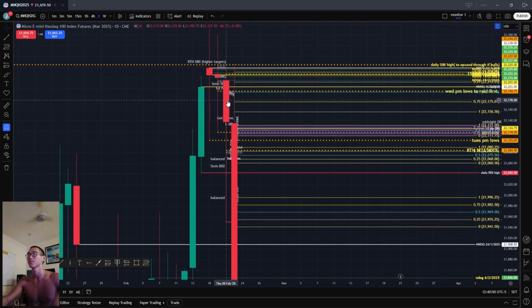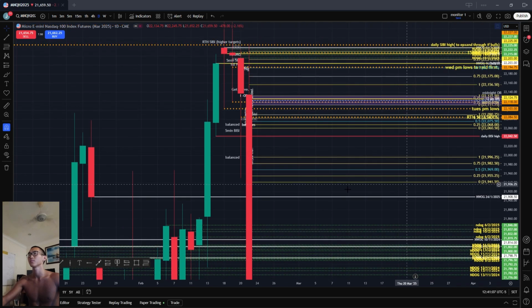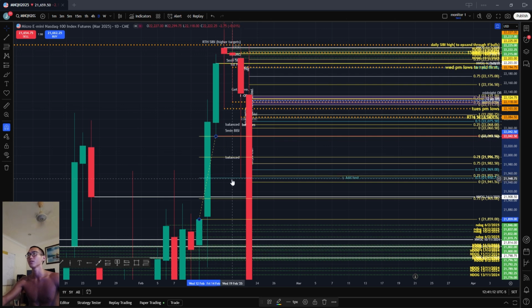Okay, so see my mouse, this right here, this candle here is the Thursday candle. As you can see, big drop down lower, touched the daily BC. This is the daily BC. Okay, so I'm going to just drop a bit on. You can see it touched the midpoint of it.